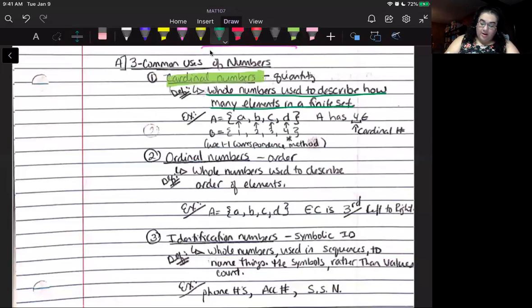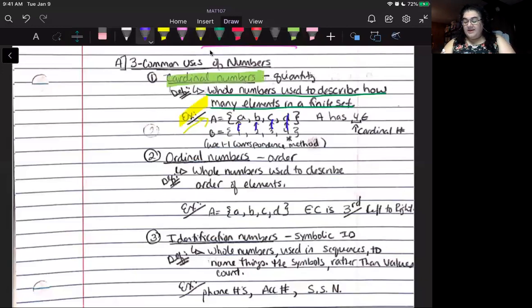So if we look here at our example, we have set A. Set A contains the elements A, B, C, D. And set B contains the numbers 1, 2, 3, 4. We can see here that they have one-to-one correspondence, so they are equivalent sets. They contain the same number of elements in each set.